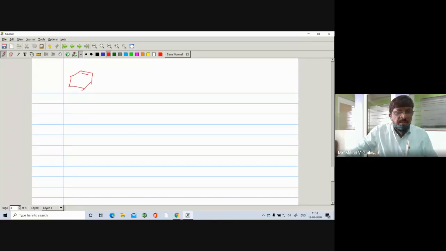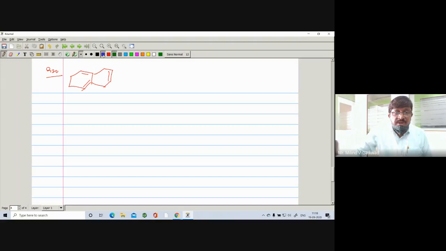There is the presence of a pi bond here, and here also there is a pi bond, right? Now this is your question number 20. Firstly, you have to find out the system. The two pi bonds are in conjugation: pi bond, single bond, pi bond. But this pi bond is not in conjugation, which means you have to take only this system, not this one.